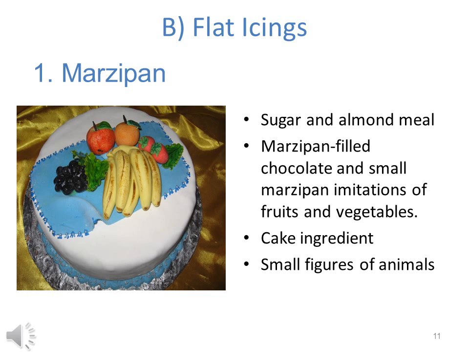It is also rolled into thin sheets and glazed for icing cakes, primarily birthday, wedding cakes, and Christmas cakes. Marzipan may also be used as a cake ingredient, such as in Christmas stollen. In some countries, it is shaped into small figures of animals.